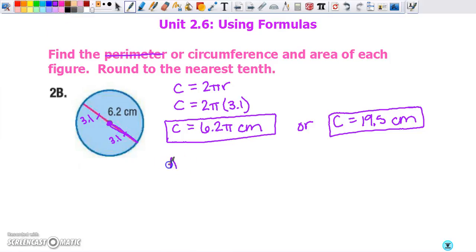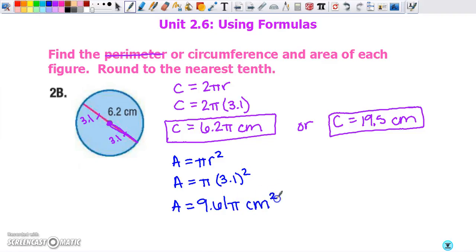Then for the area, so our area formula is taking the radius and multiplying it by pi, so squaring the radius and multiplying it by pi. So we take pi and multiply it by our r, which is 3.1, and we square that. So our area would be 9.61 pi, and then our units, which is centimeters squared.